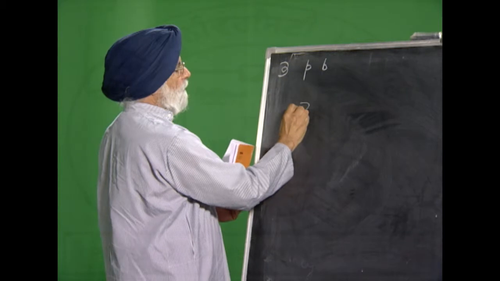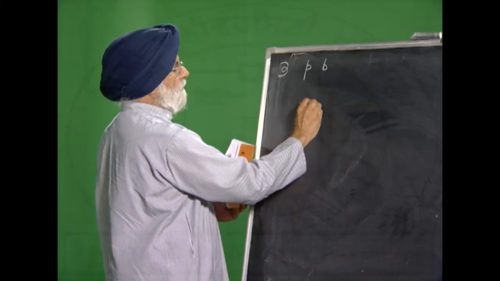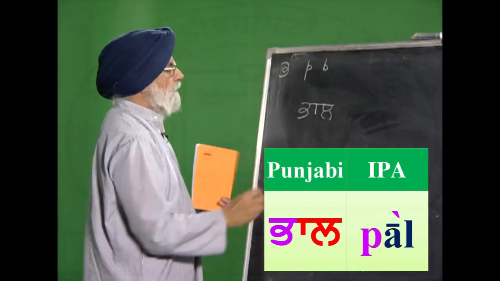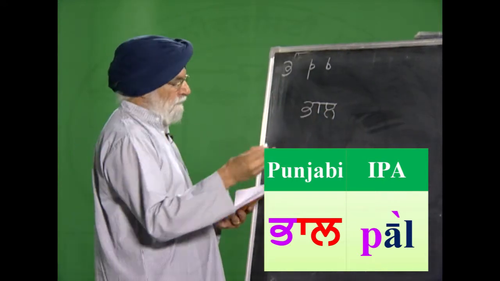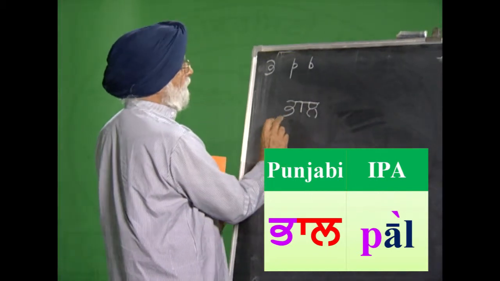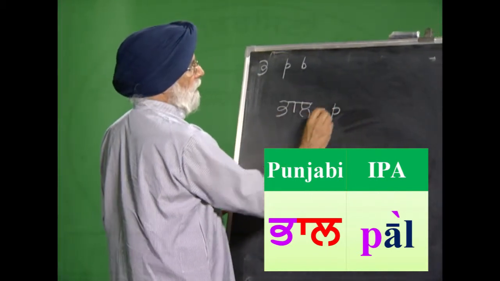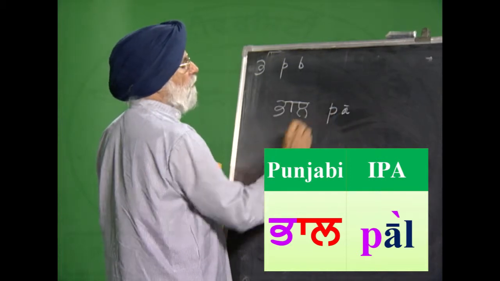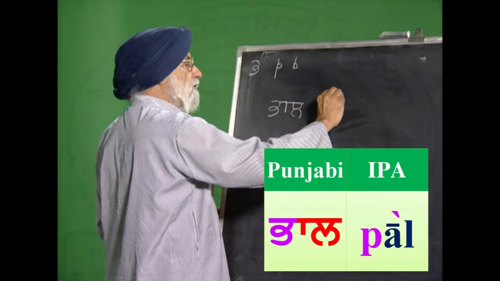If we write a word like this, it is pronounced pal. Then this first letter, it is pa, voiceless consonant, long a and low tone.